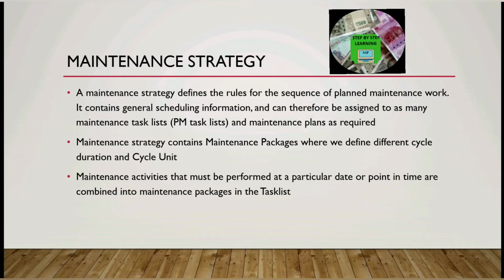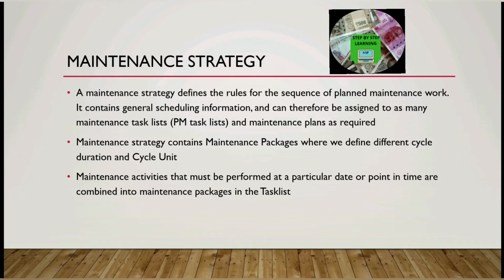Based upon the cycle, if we go to the maintenance plan, we can perform the maintenance of a particular equipment every 30 days. The cycle will run continuously every 30 days. For example, if you take a compressor, different activities need to be performed at different durations.